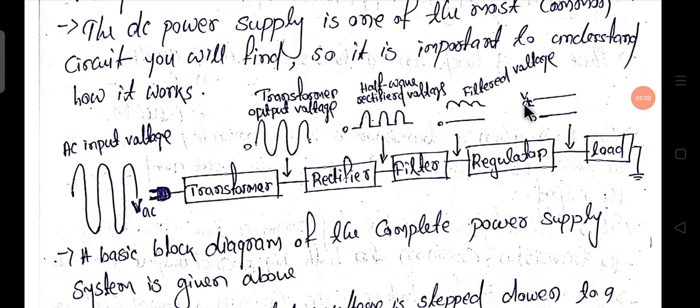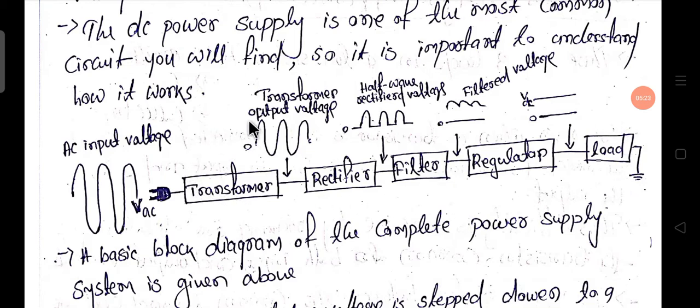It makes that small pulsating DC into constant DC, and that constant DC is fed to our load. This is the process of our DC power system, the block diagram and working function of the DC power system.